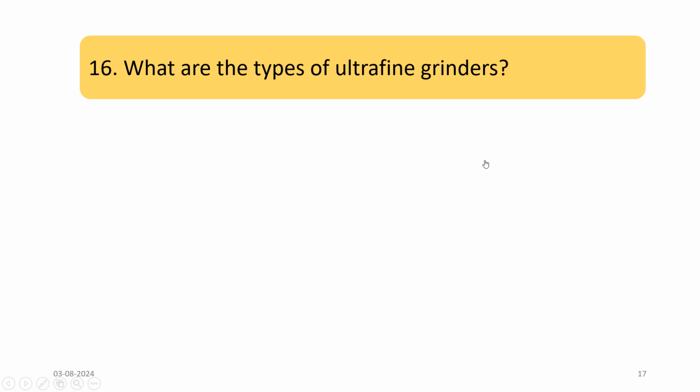Next, what are the types of ultrafine grinders? Ultrafine grinders can be divided into two bases. The first one is hammer mill, but among them some come under the dry basis and some come under the wet basis.